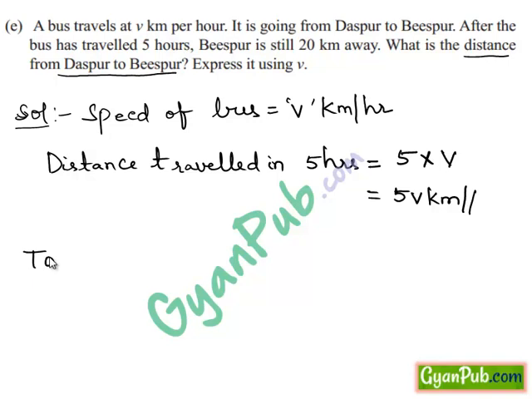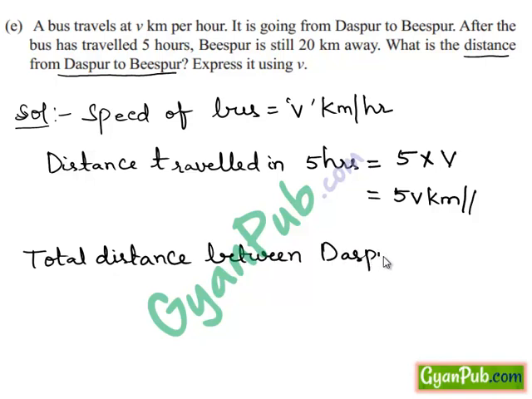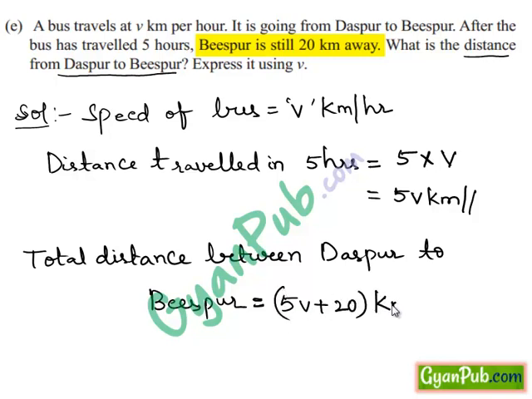And we have to find the total distance between Daspur and Bispur. Since in the question they had given that after the bus has travelled 5 hours, Bispur is still 20 kilometers away, it is 5v plus 20.